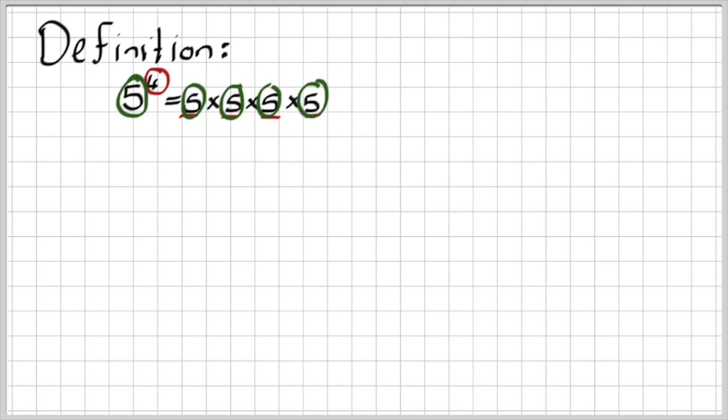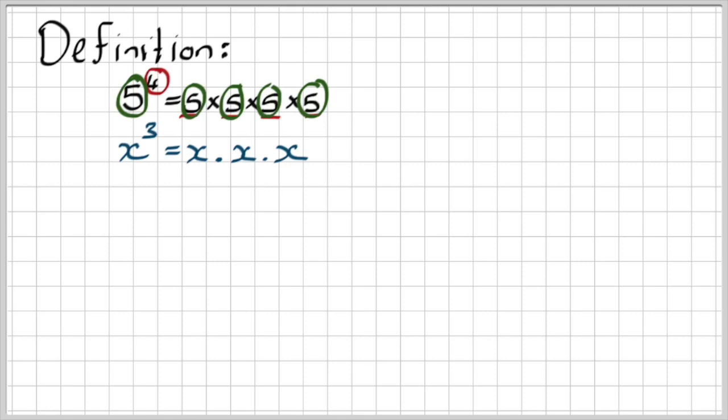Now, this is really basic, but it is really, really crucial you understand this. So if you want to go from exponential form to the full written out form, that is what we are going to do. Now, what if I've got x to the 3? Now you see another notation for multiplication.